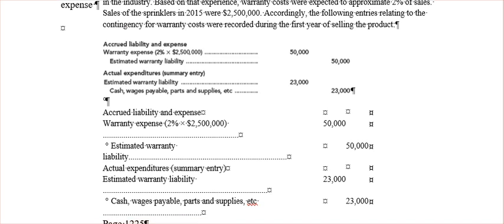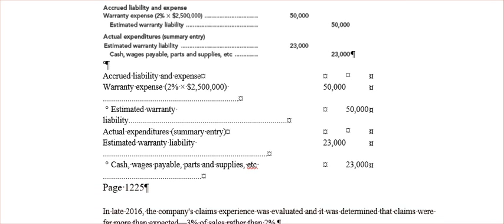Again, duplication of tables. It looks like they are recording their warranty expense as a debit, and they're recording their liability as a credit, and then they're going back and taking actual amounts out of the liability account.